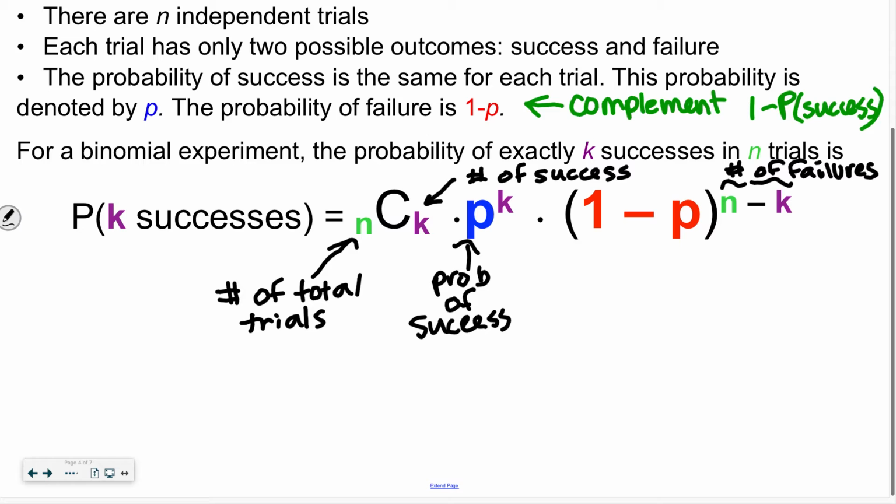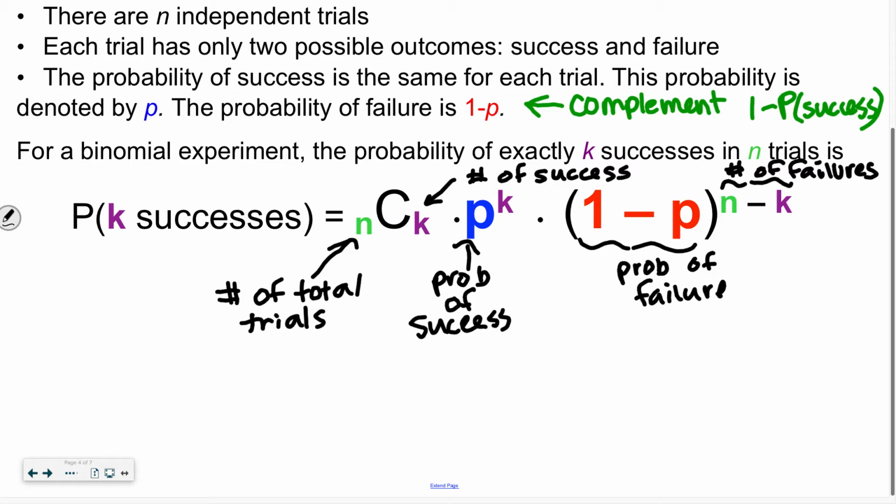And then you do 1 minus P, which is the probability of failure, and you raise it to the number of failures. How many times did it fail? So it's probability of success, raised to number of successes. Probability of failure, raised to number of failures. And then you got that combination in the front.